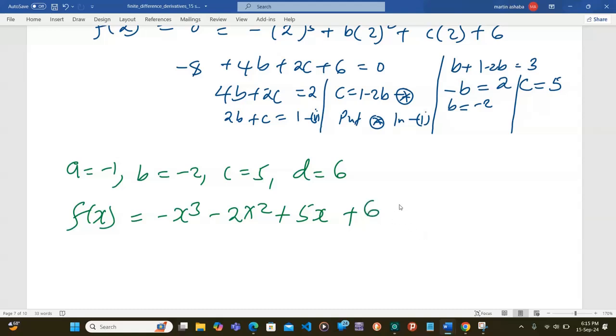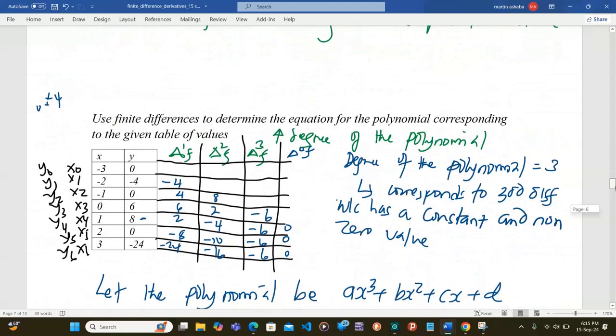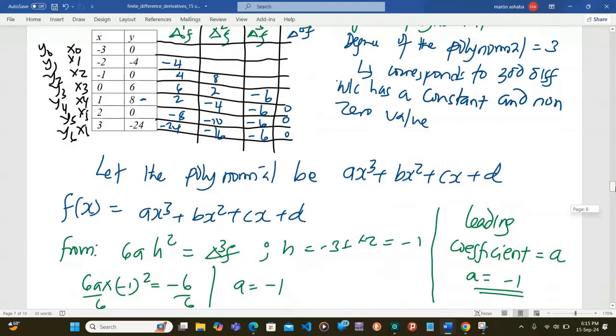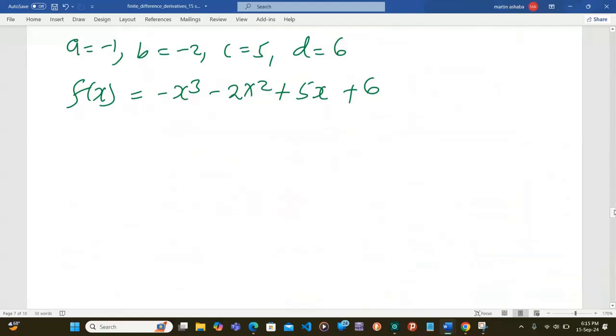So that should be the equation that is going to give you these values when you substitute in x. Maybe let us test it. If x is equal to negative 2, for example, what is the value here?